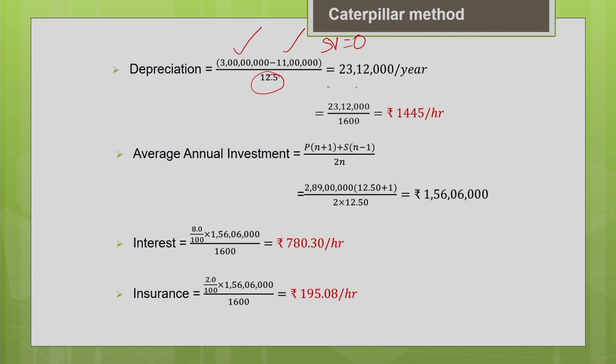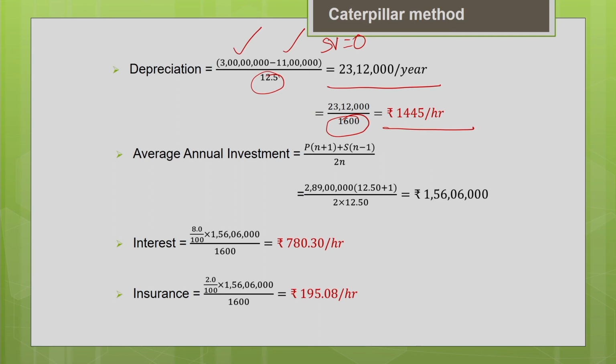So now you can get your annual depreciation, which is 23 lakh 12,000 per year. Now you just divide it by the annual usage of the machine in hours. You can get the hourly depreciation as rupees 1445 per hour. So this is how we estimate the hourly depreciation. This is an approximate estimation because we are not considering the timing of the cash flows here.